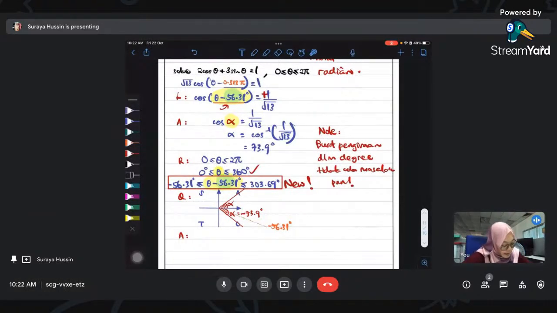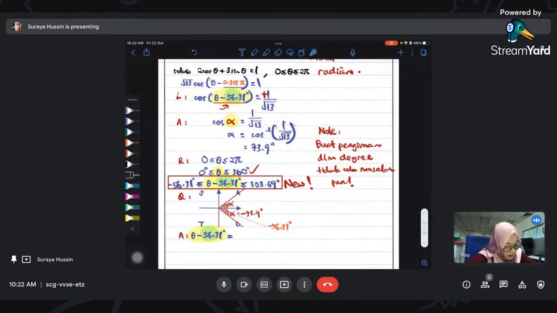Okay, so yeah. So now what we have to do is check the jawapan here. The jawapan here must be from here. Whatever your alpha, you copy back, duplicate, put it there. And then equal to your answer. Your first answer is alpha.